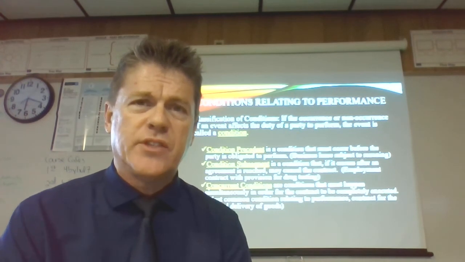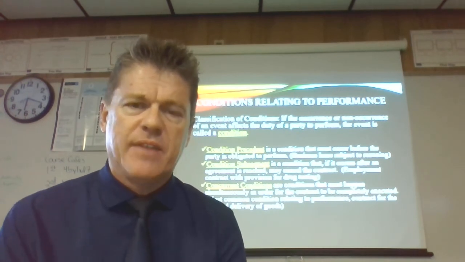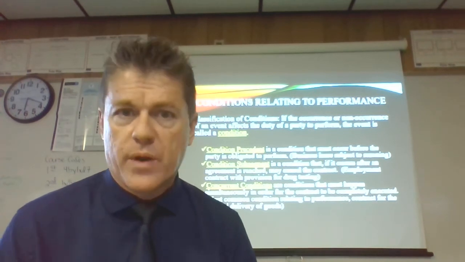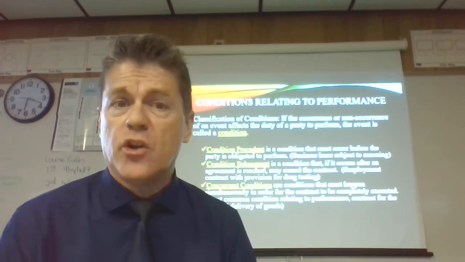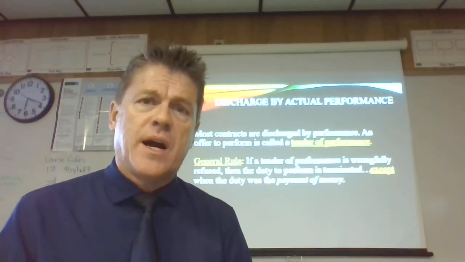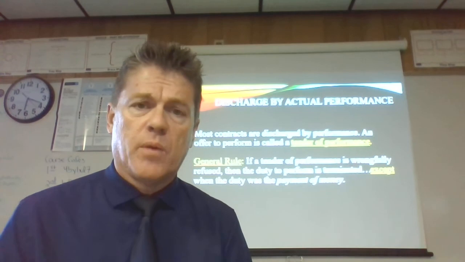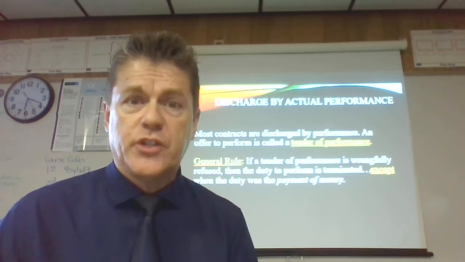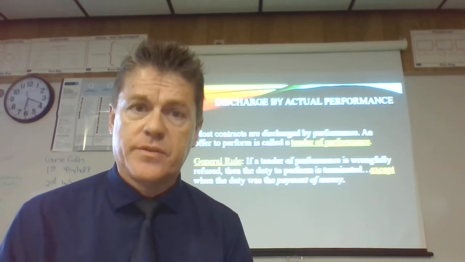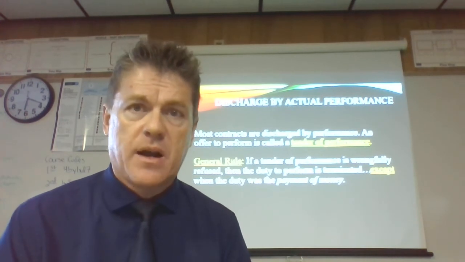And so these are just some conditions that kind of lead up to whether the contract is going to be performed or not, or is going to be terminated early for some reason. Most contracts are discharged by actual performance, so people do what they say they're going to do as per the agreement, whatever is expected at certain time intervals in the lifespan of that contract.